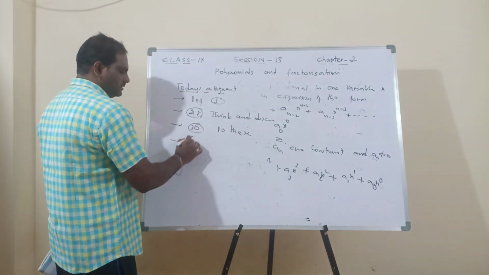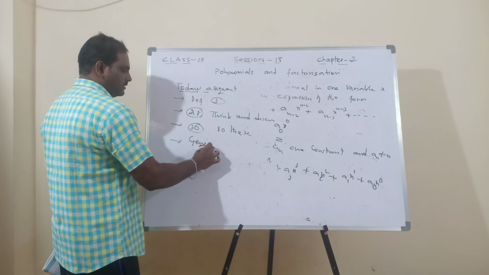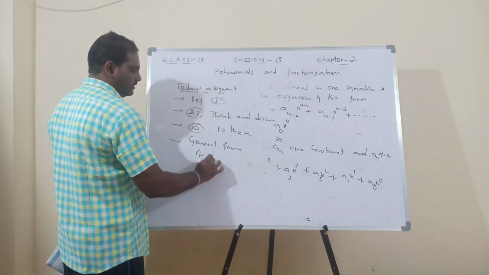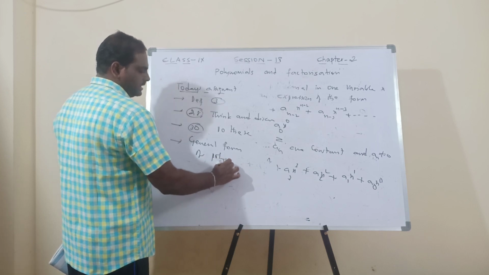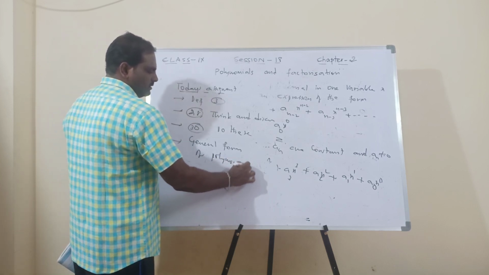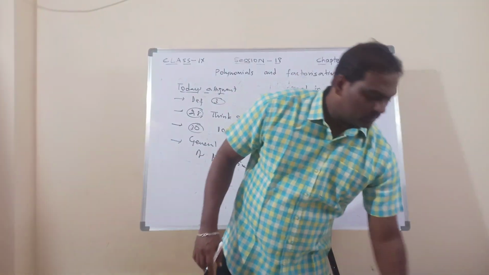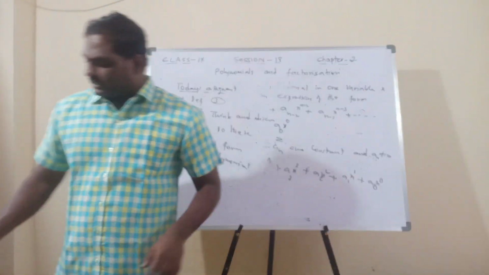And the next one is the general form of a polynomial. This you have to write neatly and clearly, right? So that's all for today's session.